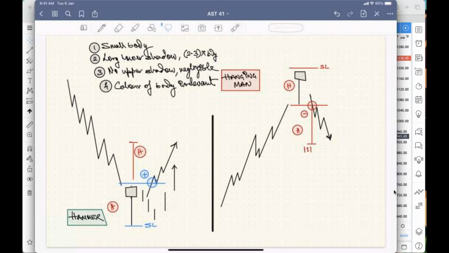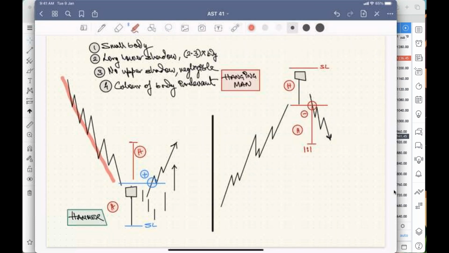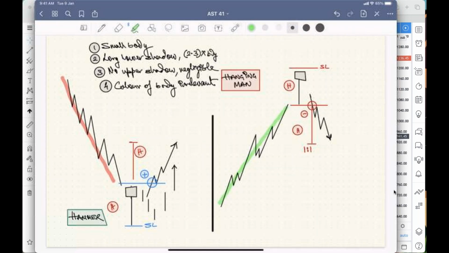The main difference between the hammer and the hanging man, my friend, is simply the previous trend. Hammer comes after a downtrend, hanging man comes after an uptrend. Apart from that, there is no difference at all. They are just the same.